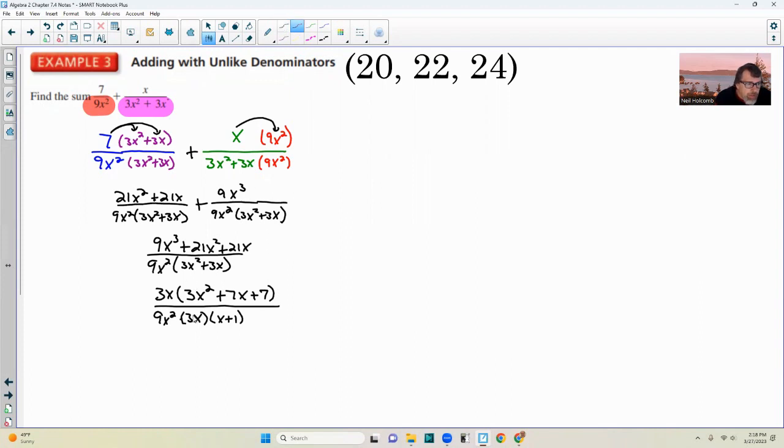And then my 3x's cancel. And then my answer is just simply going to be 3x squared plus 7x plus 7 divided by 9x squared times x plus 1. All right.